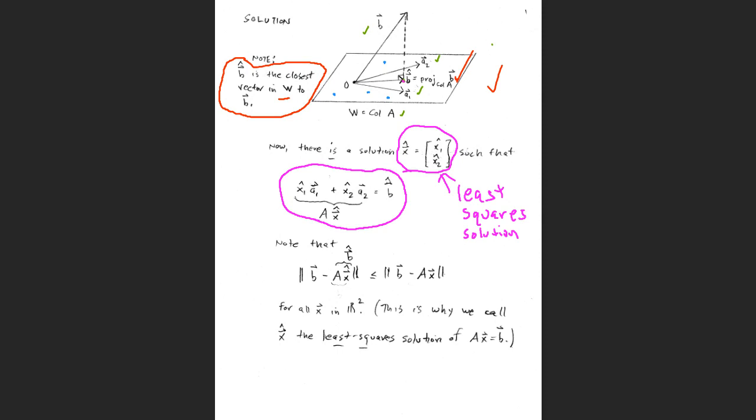There is no existing solution to the system of equations, so the best we can do is find the least squares solution. That's the best we can do. B hat always exists. We can always find the projection of a vector onto a subspace. That's correct.